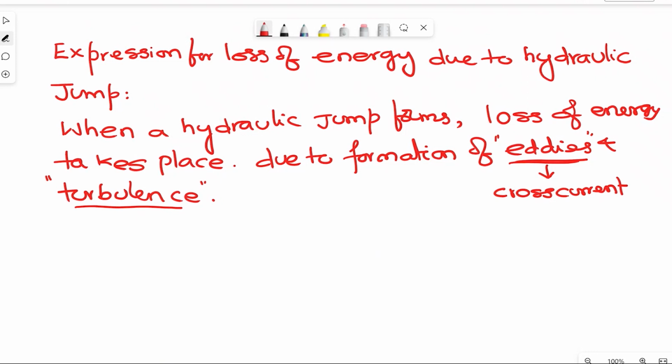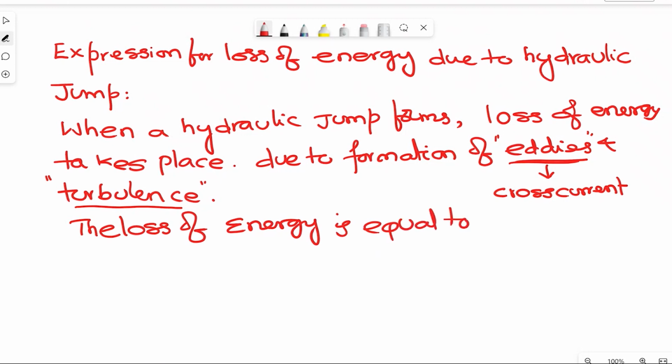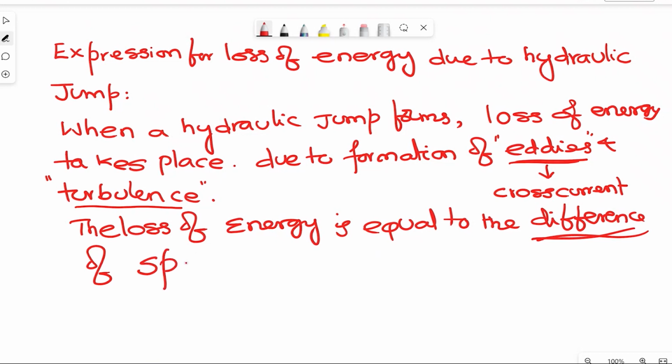And how to get the loss of energy? The loss of energy is equal to the difference of the specific energies between two sections.